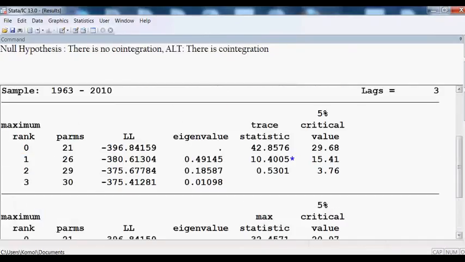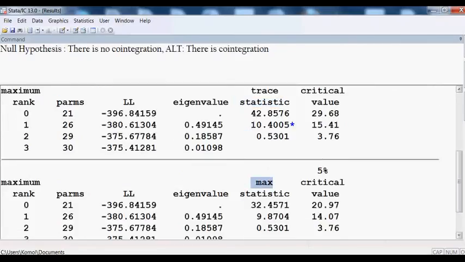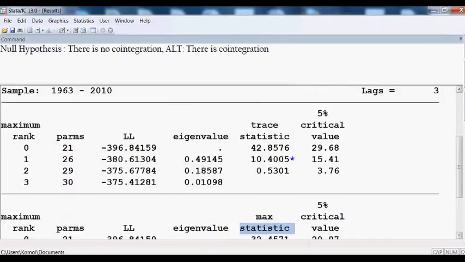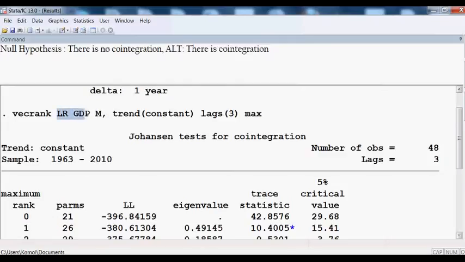So actually both tests, trace statistics and max statistics, are telling the same thing, that our three variables are co-integrated, or they have a long run association.